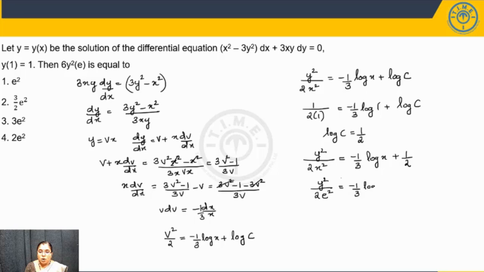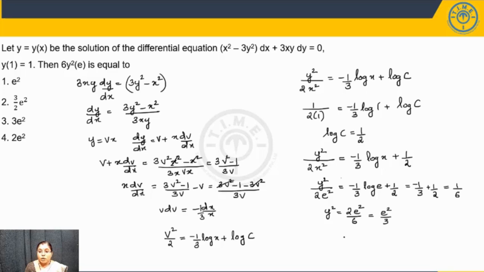When you put x is equal to e, we get y square by 2e square equal to minus 1 by 3 log e plus 1 by 2. Now what is log e? Log e is 1. So we have minus 1 by 3 plus 1 by 2. So we get minus 2 plus 3, that is 1 by 6. So y square is 2e square by 6, or we can write e square by 3.